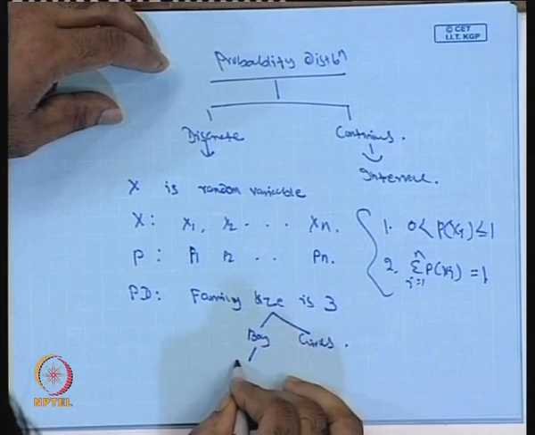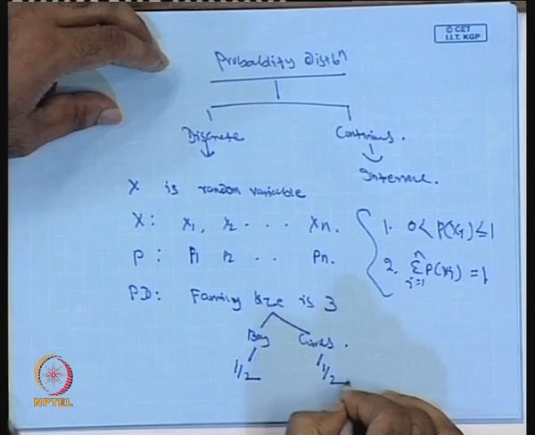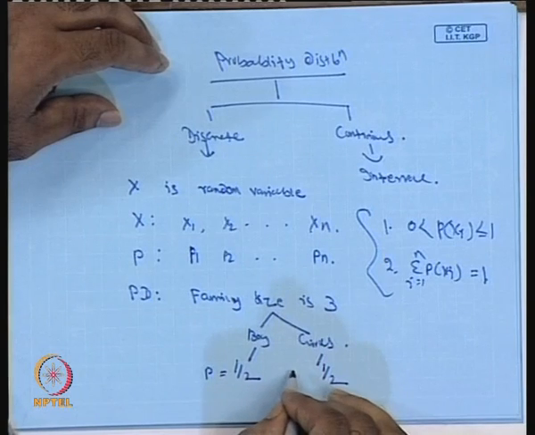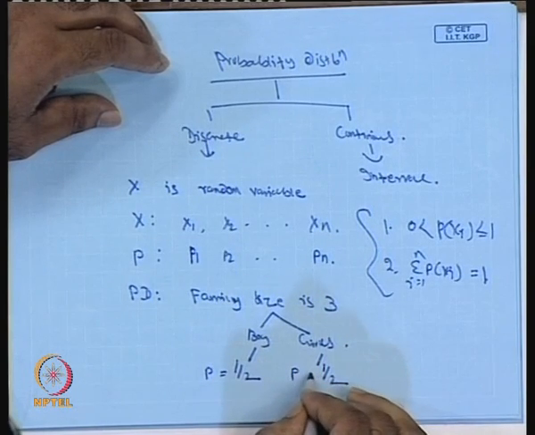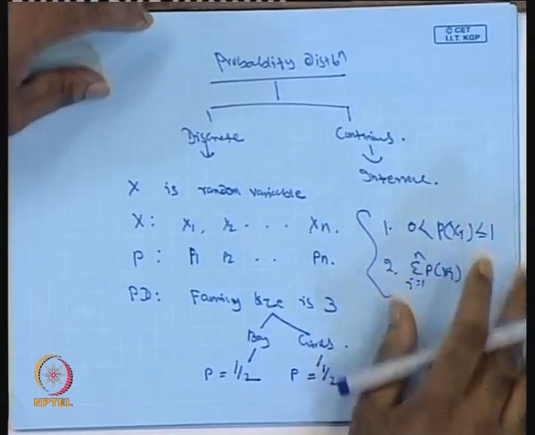The chance of a boy occurring is 1 by 2 and the chance of a girl occurring is 1 by 2. So, let us assume that the probability of success for a boy is 1 by 2 and the probability of success for a girl is 1 by 2, just like head and tail. So, if head occurs, then obviously it is 1 by 2, and if tail occurs, it is also 1 by 2.